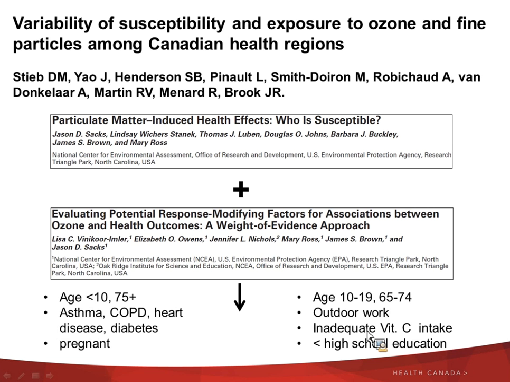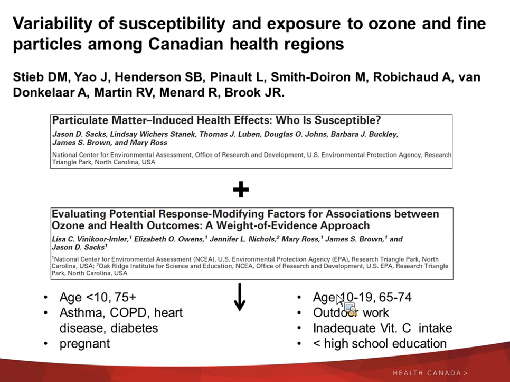And then a more inclusive set of criteria, which added older children, younger seniors, outdoor workers, those with inadequate vitamin C intake, and that's a measure of defenses against oxidative stress, and then finally those with less than a high school education.